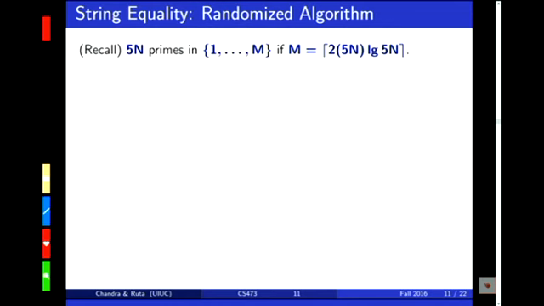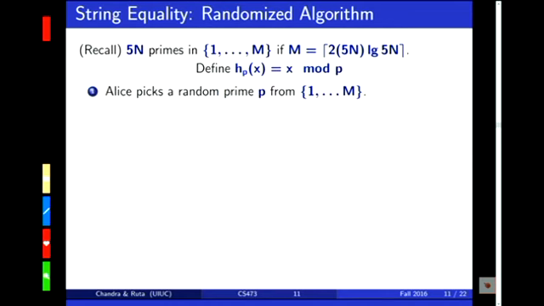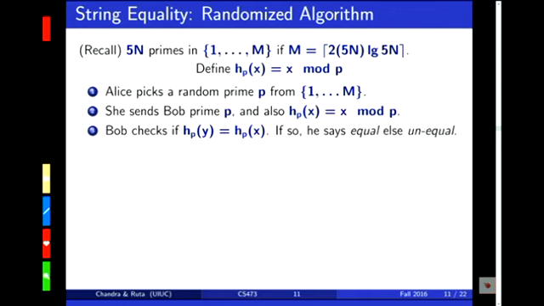Now what Alice will do is sample a prime between 1 through m uniformly at random. Then she will compute the hash function, hp of x, which is x mod p, and send the prime p as well as hp of x, and not x. How many bits is she sending?